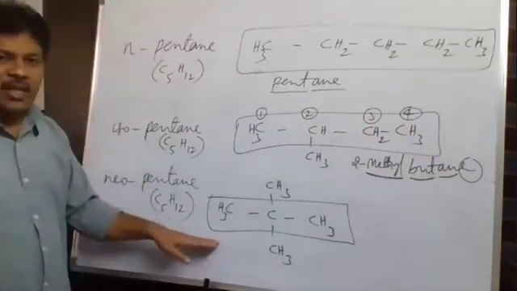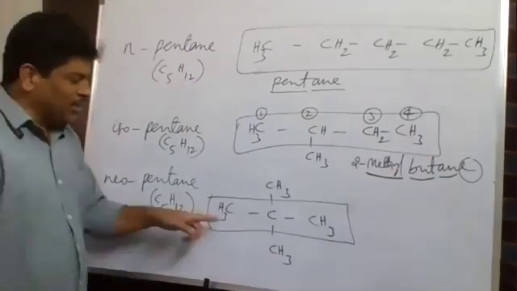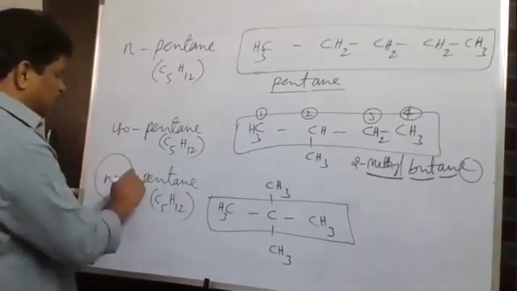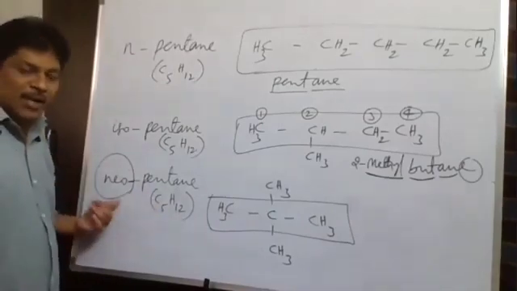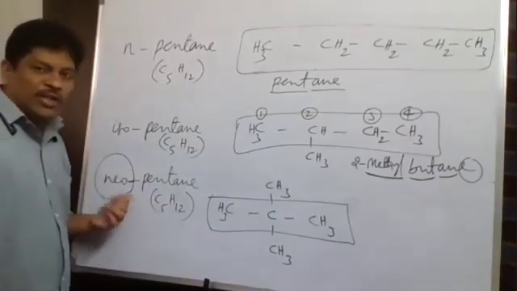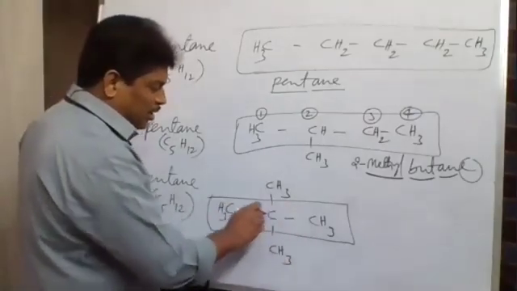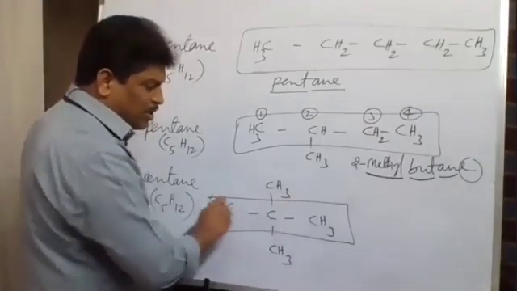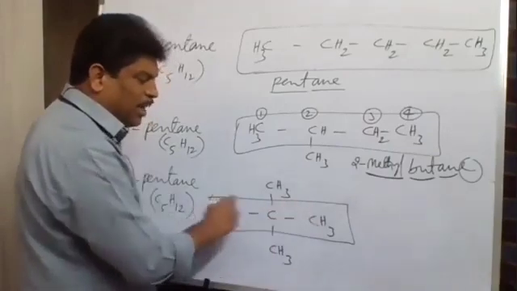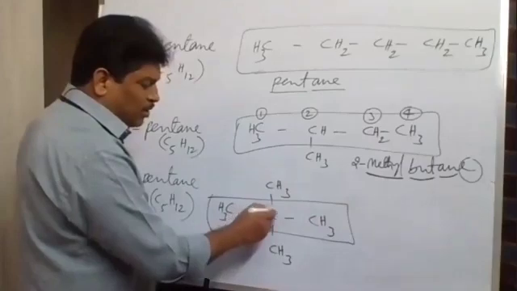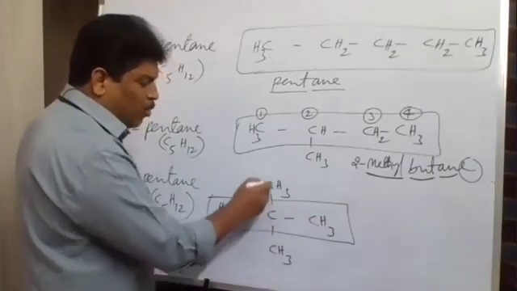And the last isomer of pentane, in this case, the prefix neo is used before pentane in the common name. In this case, these 3 carbons are in the straight chain. This is called the parent chain, otherwise main chain. In this main chain, the last but one carbon has how many methyl branches?